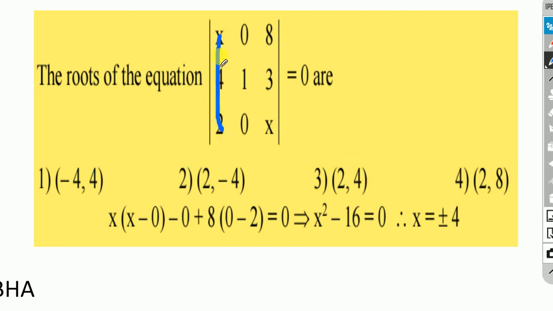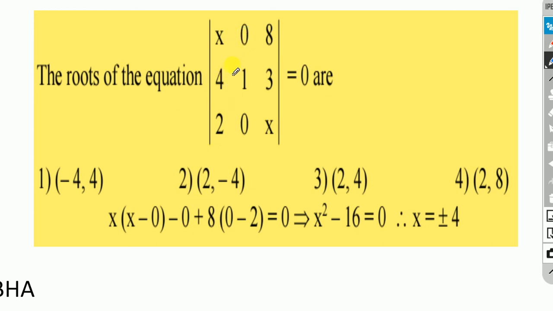So now x into x minus 0, x into x minus 0, minus 0 into something, that is when you are expanding along row 1, as I have the second element 0, we need not worry about it.